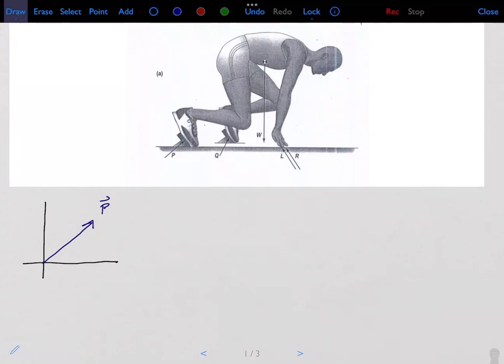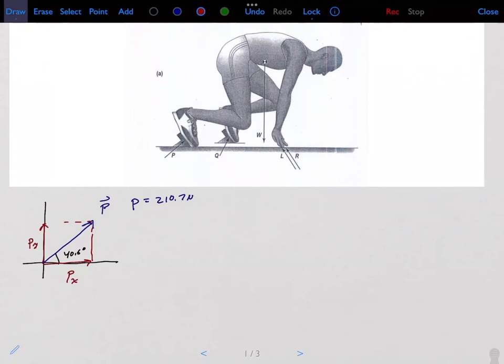So this angle right here is 40.6 degrees. And we know that the magnitude of P, let's write it as P with no arrow over, is 210.7 newtons. And we want to find the X component, Px, and then the Y component, Py.